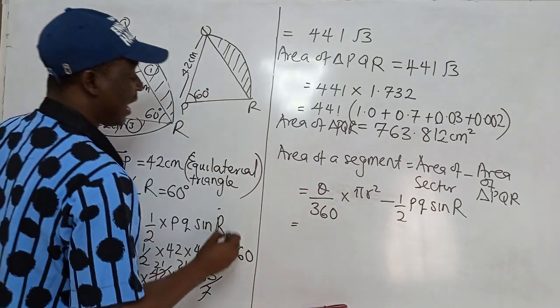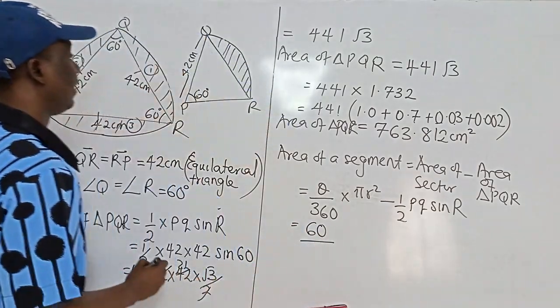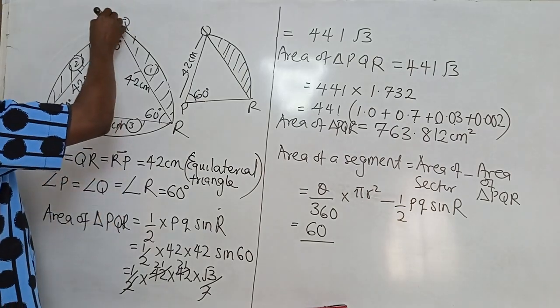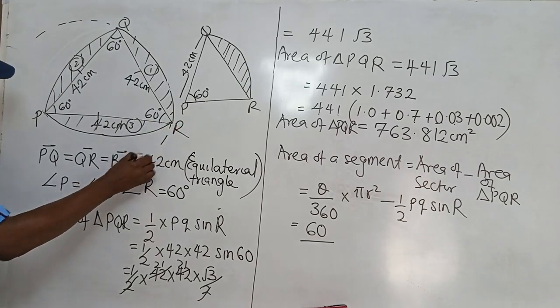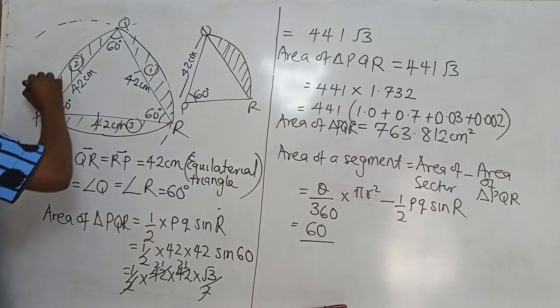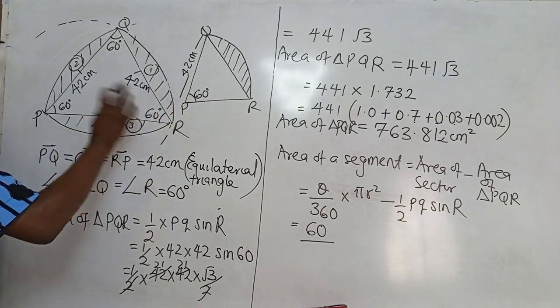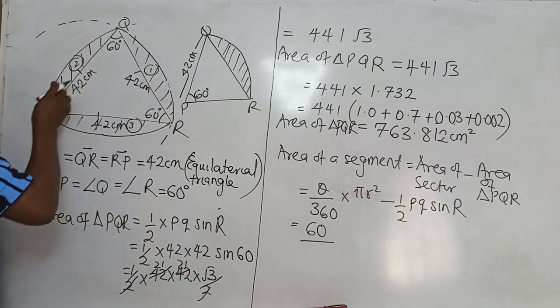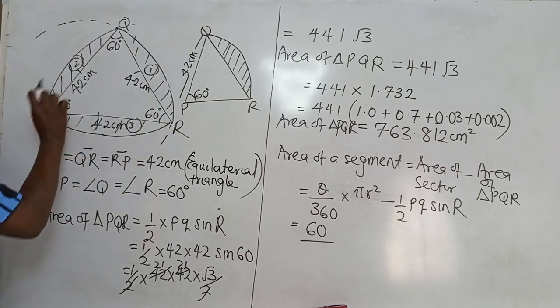Let's go ahead. The angle subtended at the center is 60. Don't forget that this is not a full circle. This forms a circle on its own, this one will form a circle on its own, and this one will form a circle on its own. These 3 circles have equal arcs because of the equilateral triangle inscribed in them.